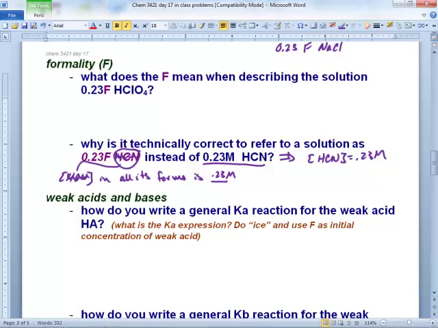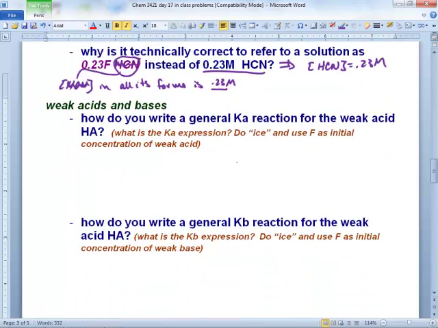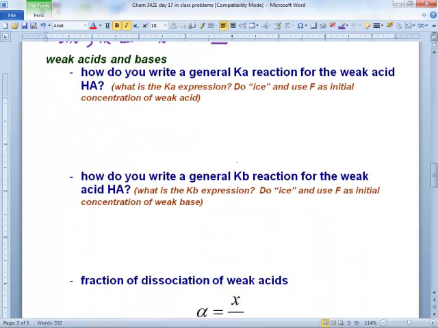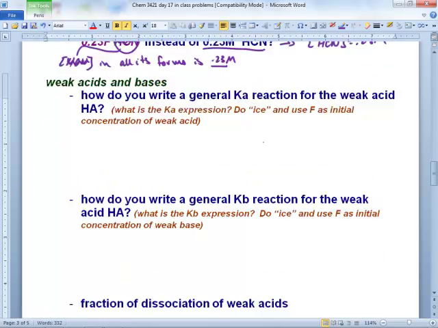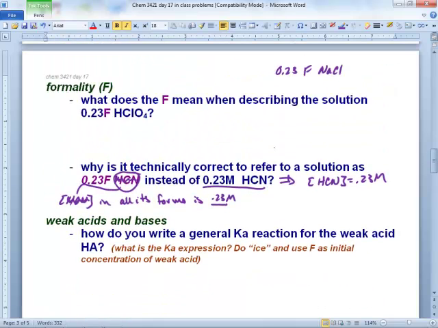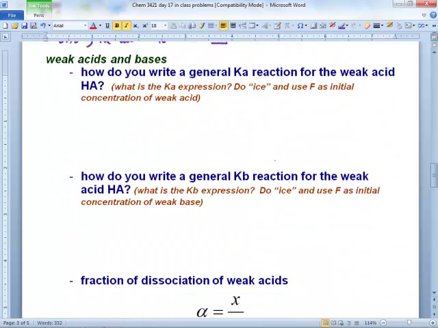You shouldn't have seen a single big M on that whole sheet. Should have been F's everywhere because things exist in more than one form. We should have been talking about formality to be technically correct. Okay. Any questions on that? It's just kind of a technicality. But we need to live with it.